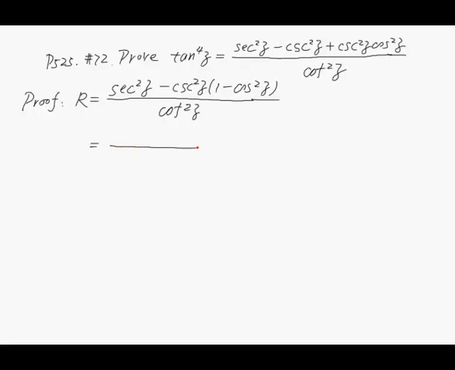Now, 1 minus the cosine square of z equals what? Sine square of z, right, by the fundamental identity. So you have the secant square of z minus the cosecant square of z times the sine square of z.